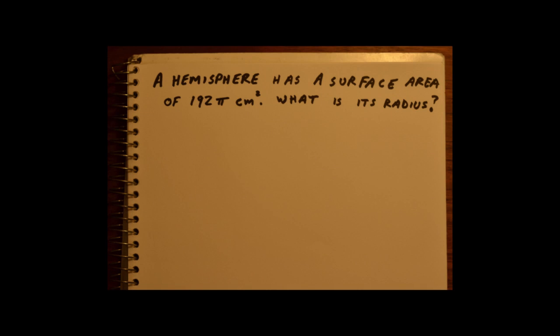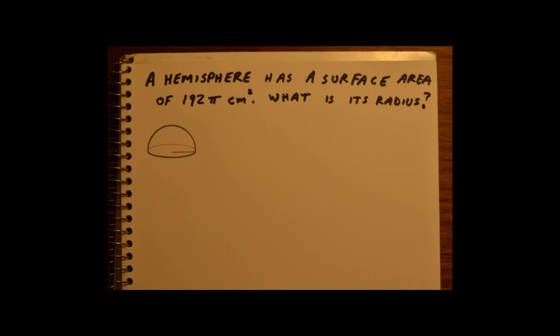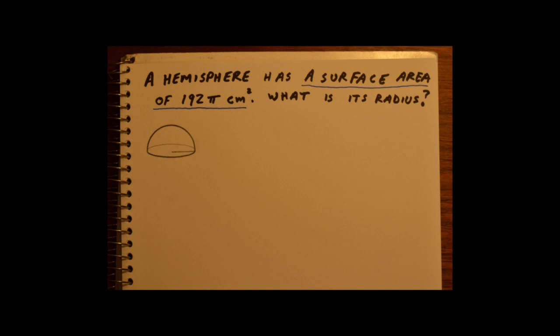Here's another example. A hemisphere has a surface area of 192 pi. What is its radius? So first, we have to figure out what we're dealing with. We're dealing with a hemisphere, so half of a sphere, and we know its surface area, and we want to find the radius.